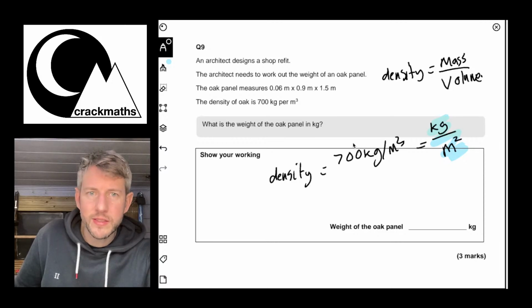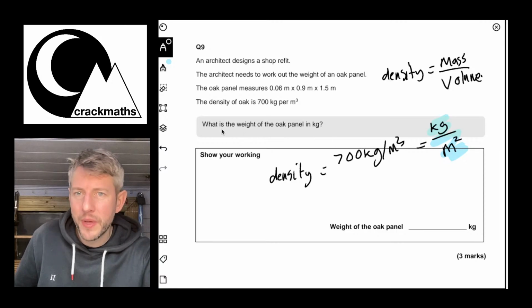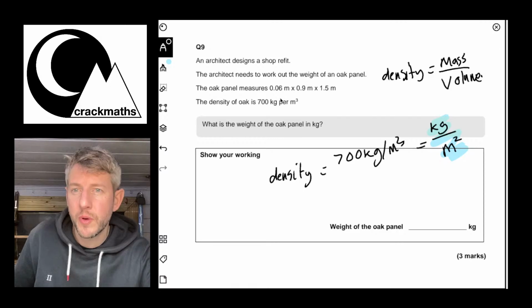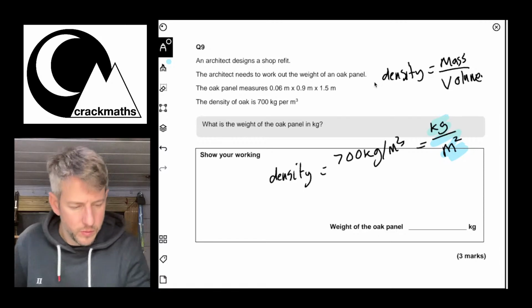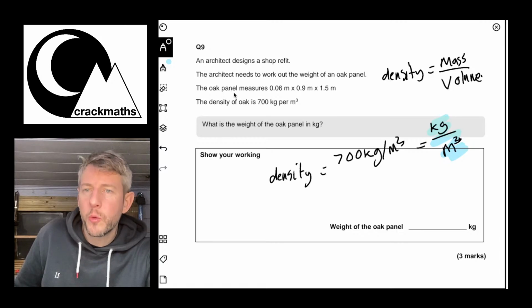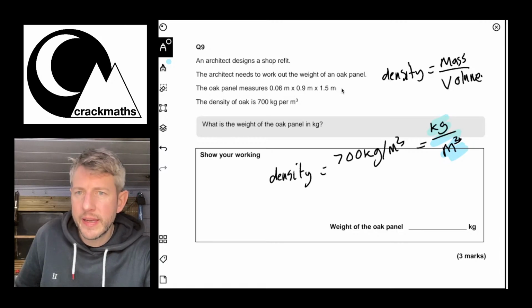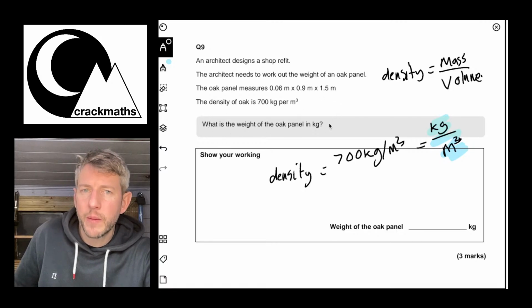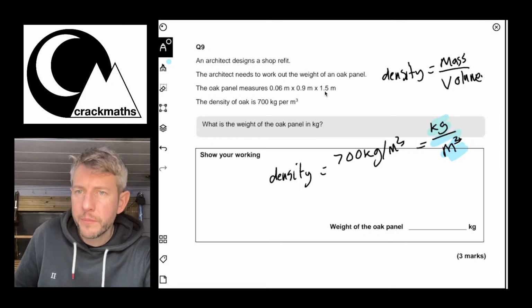Right, perfect. So, now that we've got that bit of information, we can continue with the question. So, an architect designs a shop refit. The architect needs to work out the weight of an oak panel. The oak panel measures 0.06. Okay. What is the weight of the oak panel in kilograms? Right, so we can work out the volume, okay?